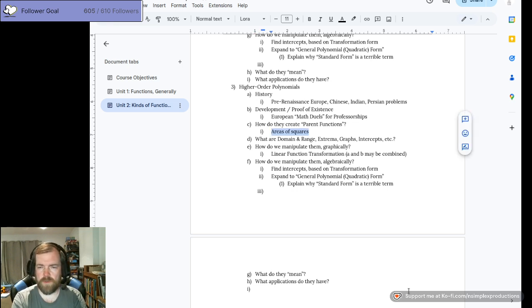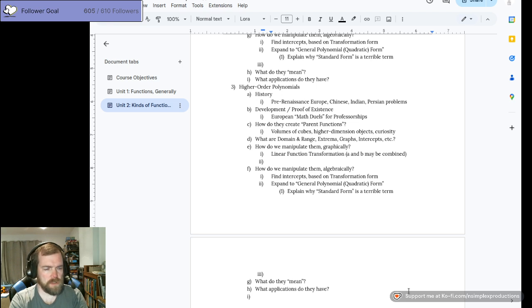Create the parent functions. This is going to be... we can do a multinomial expansion if we want to.